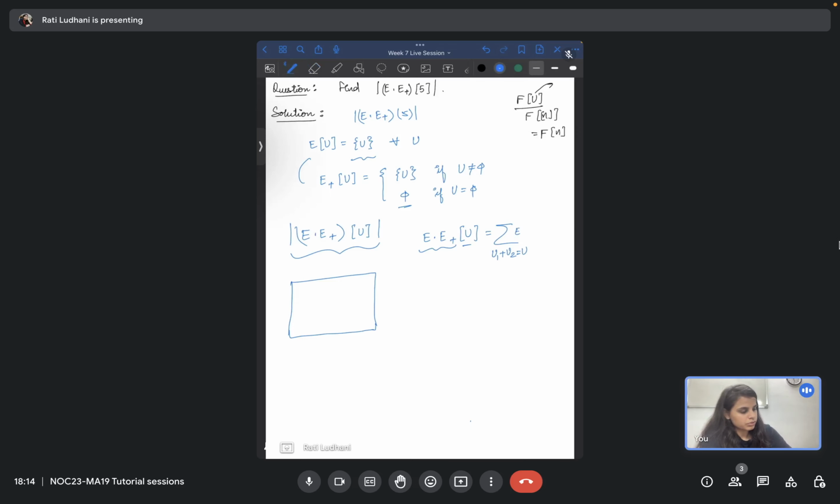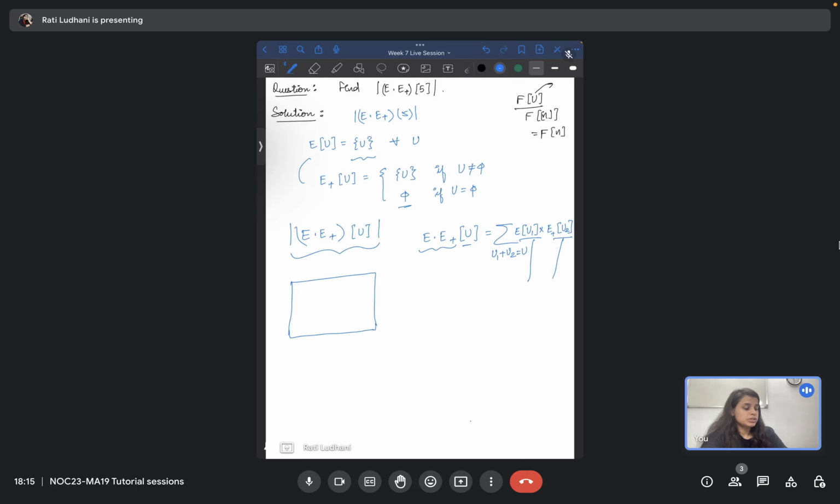You consider all the E structures on U1, and here you consider all the E plus structures on U2, and then as an ordered pair, you multiply. This is a set, this is a set. When you take the product, the cardinality will be m into n if one has m and the other has n elements.